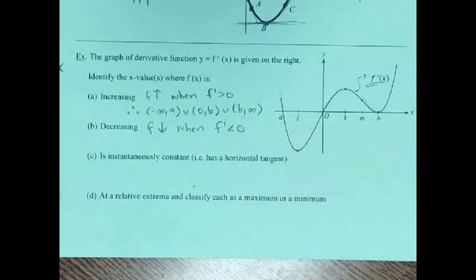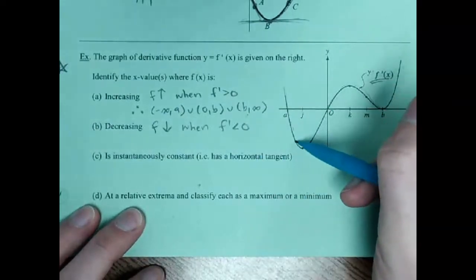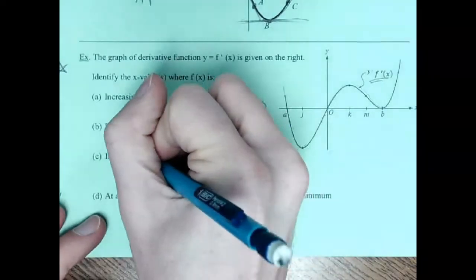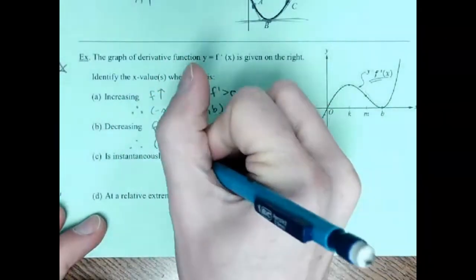Your function f is decreasing when its first derivative, f prime, is negative. And I can quickly and easily tell when this graph is negative. It's below the x-axis. So that one would be from a to 0.